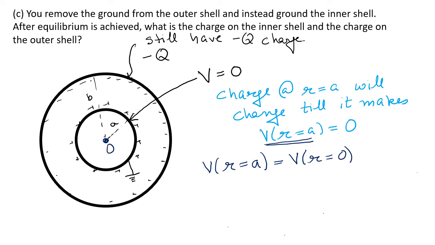Why? Because whatever charge is present, that charge is going to be equidistant, same distance away from the origin, and my calculation is pretty straightforward. I don't need to calculate electric fields. I can simply say that the potential there is K multiplied by the total charge divided by the distance.